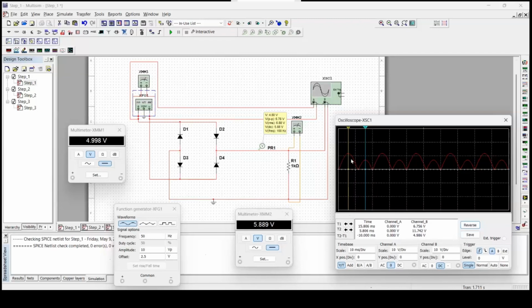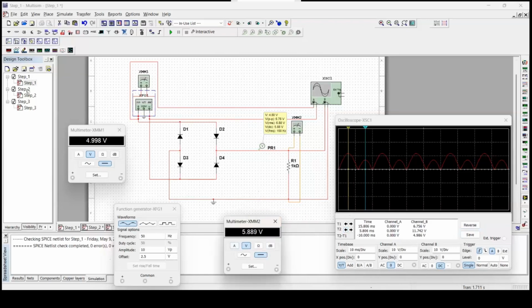That's why we can find this waveform for the step 1 circuit. This multimeter shows the result of this one, the VDC of the voltage that passes through R1. Here it's also called the voltage average.